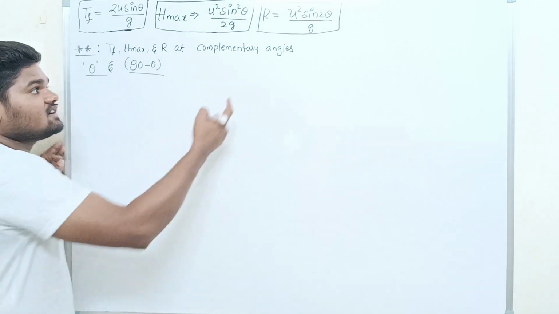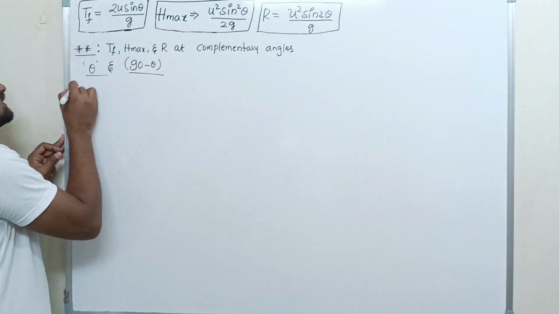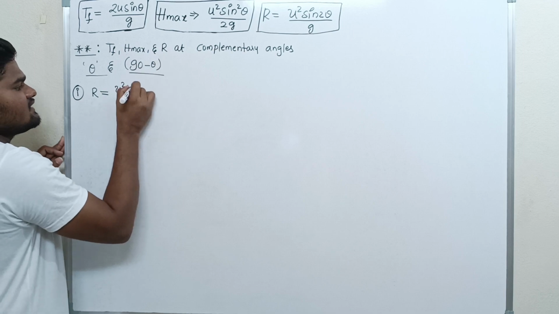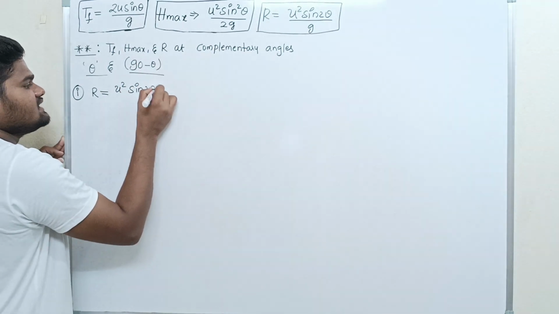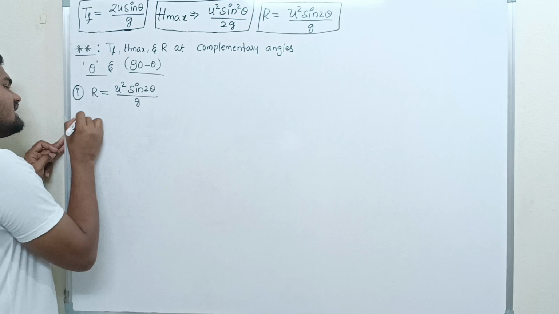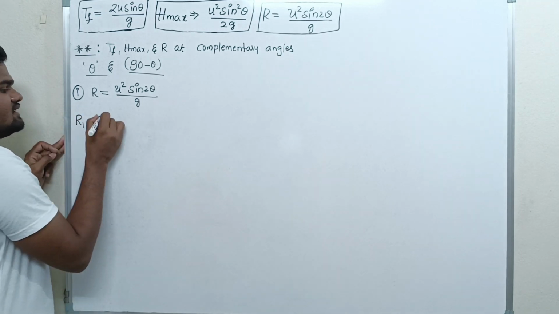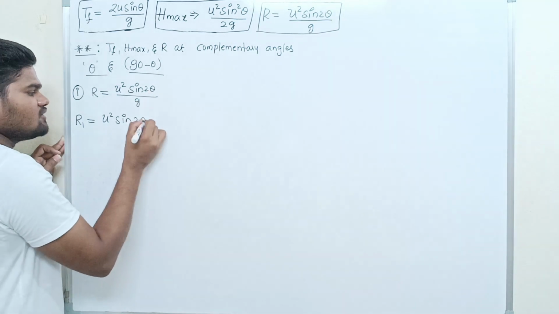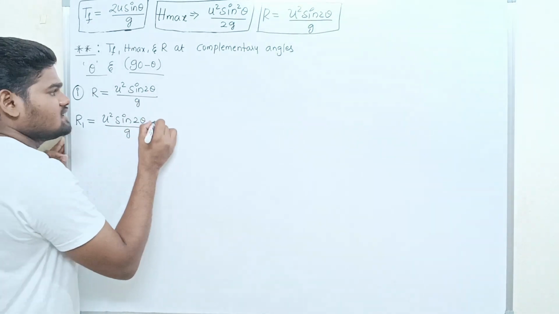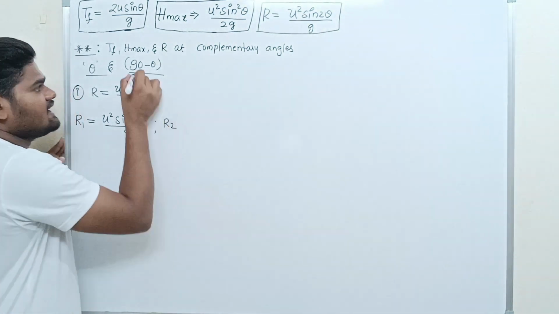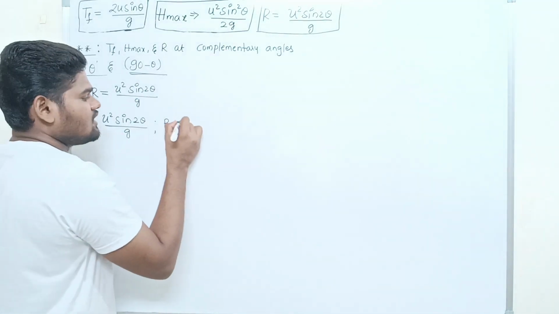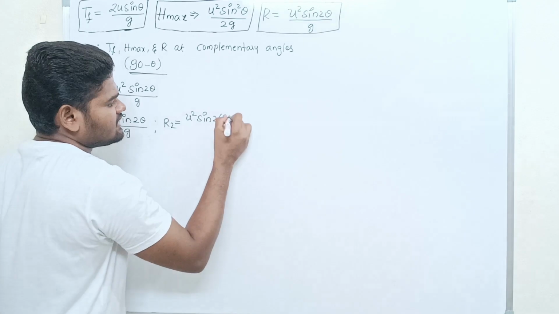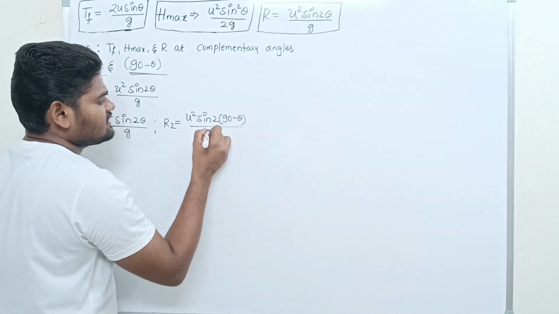First I'm taking the range. What is the formula for range? U square sine 2 theta by g. So I'm finding the range R1 at theta: u square sine 2 theta divided by g. Next I'm finding R2 at angle 90 minus theta. So R2 is equal to u square sine 2 into 90 minus theta divided by g.